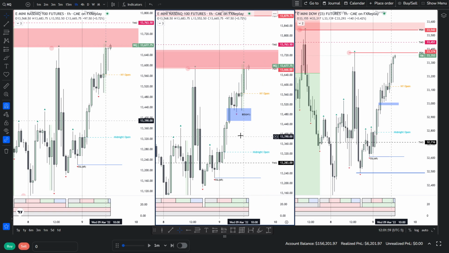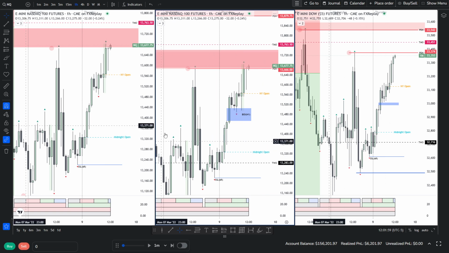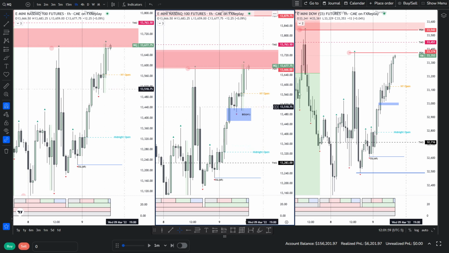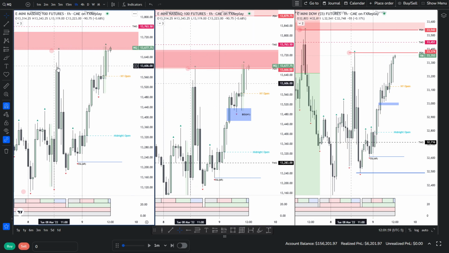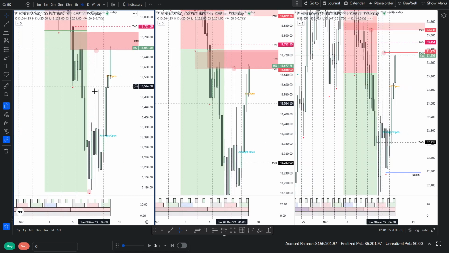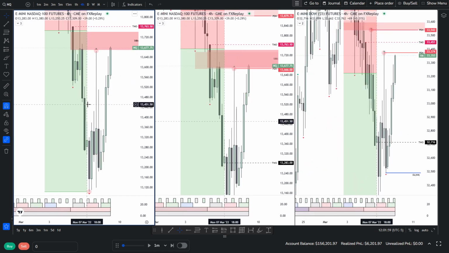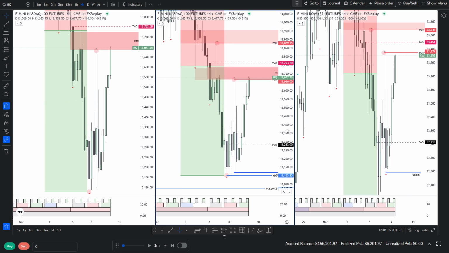Okay, so no higher time frame framework at the lows. Likely all are going to purge. I wonder where the previous day's high is here. So look, all the lows, for that matter.